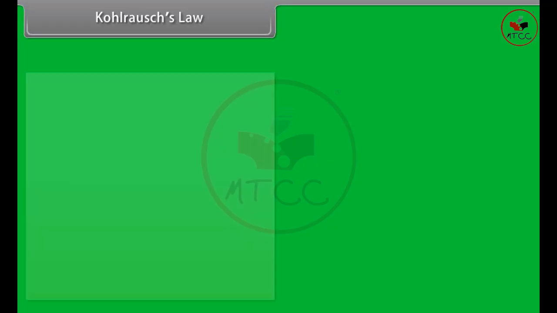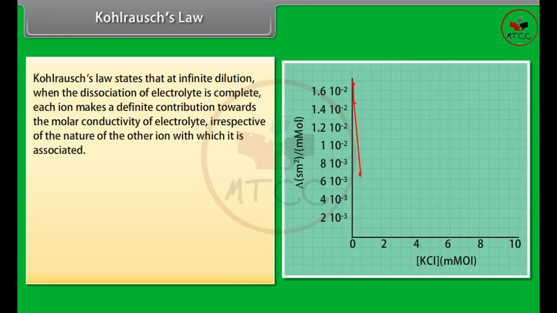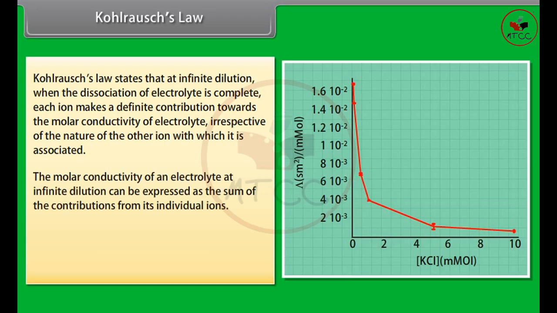Kohlrausch's law. Kohlrausch's law states that at infinite dilution, when the dissociation of electrolyte is complete, each ion makes a definite contribution towards the molar conductivity of electrolyte, irrespective of the nature of the other ion with which it is associated. The molar conductivity of an electrolyte at infinite dilution can be expressed as the sum of the contributions from its individual ions.